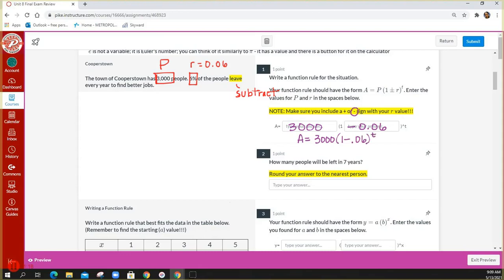So how many people will be left in 7 years? So using that formula, let's go ahead and substitute in 7 for t and see what you get. And you want to round down, round to the nearest person. So there should not be a decimal in your answer.